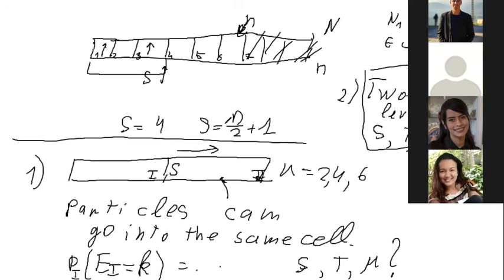And actually, particles go randomly to one of the cells. In addition, just to find exact values in terms of n, I will ask you to take the limit of n going to infinity.